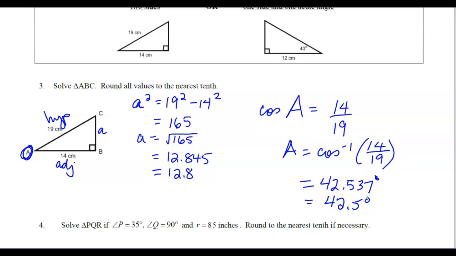Now, you could use trig to find angle C, but a little bit faster than that is just subtracting from 90. So 90 degrees minus 42. Now, I'm going to use the one where I kept a few decimal places. In this case, it's not going to matter. If I used 42.5, we're still good.